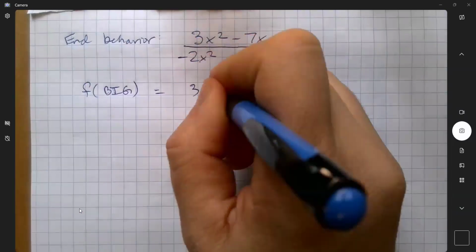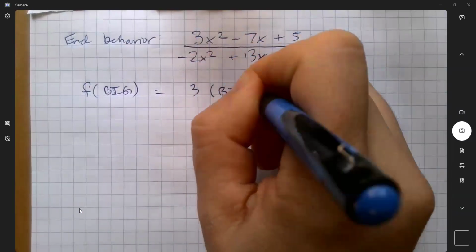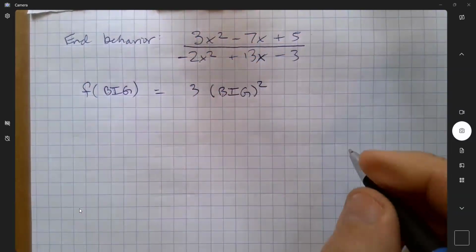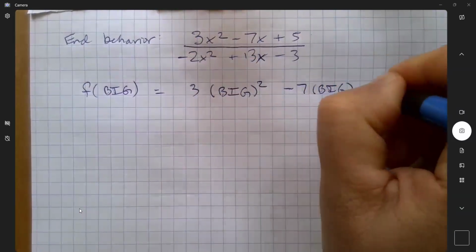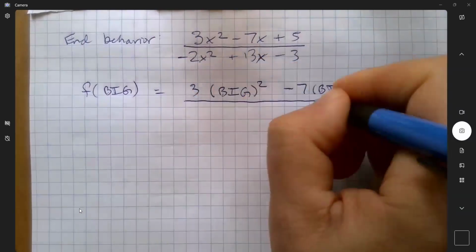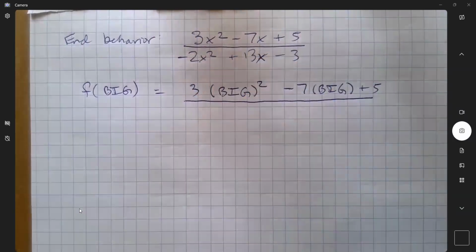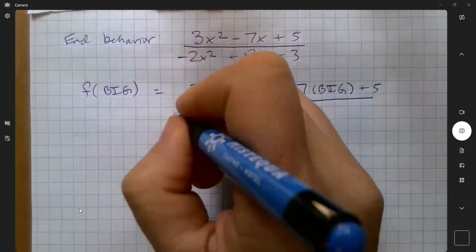Well, that means you have 3 times that really big input squared. And then you take off 7 times that big input, and you add back 5. And in the bottom, you have -2 times that really big input squared, plus 13 times that really big input, and you take off 3.